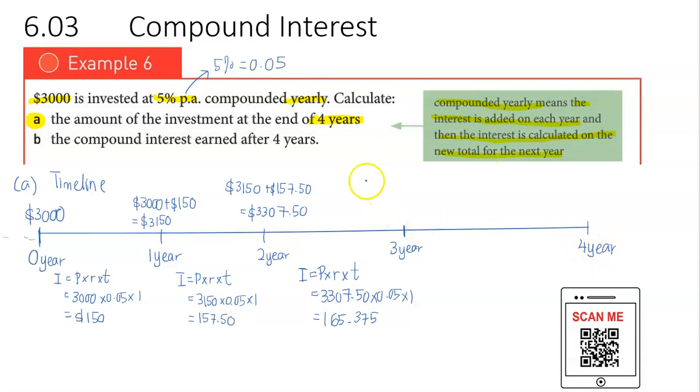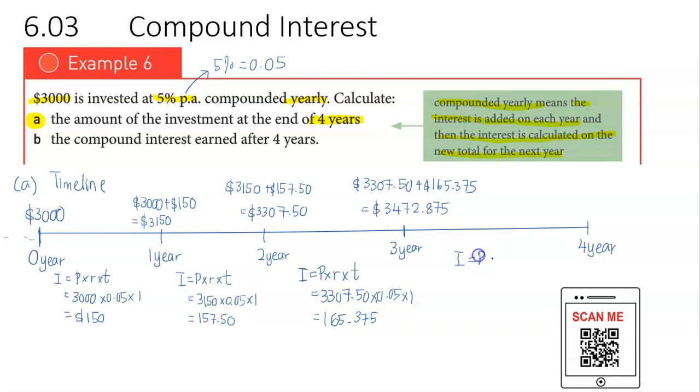So you just have to write over here 3307.5 plus 165.375. So at the end of the third year, you should have this value, 3472.875.